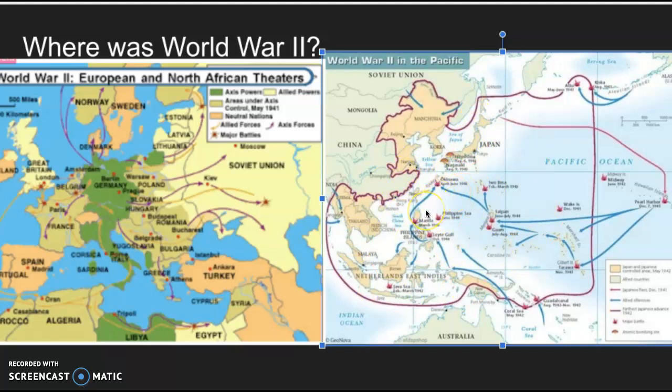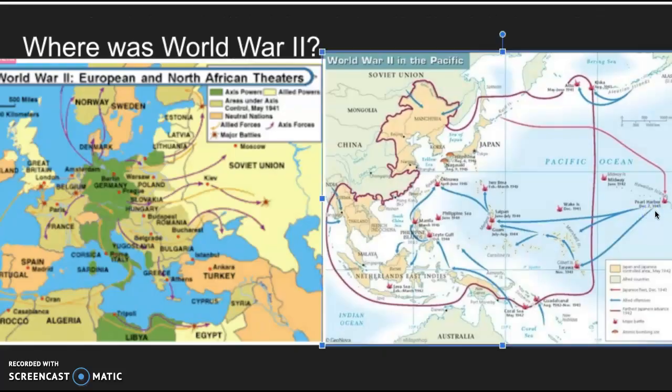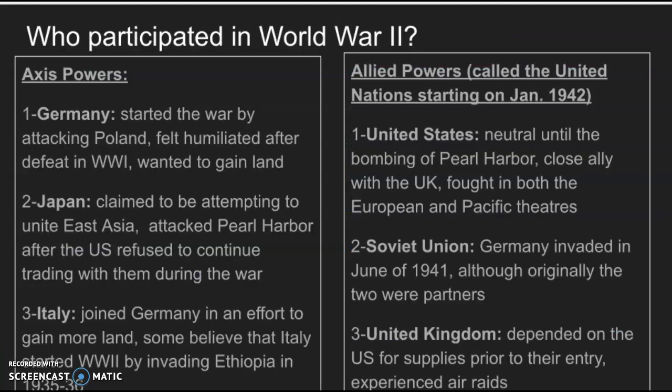And that's where the United States was doing a lot of its fighting. Remember that Hawaii's right over here. Because it's not a flat map like we usually see, it's a globe, it's round. So the Axis powers, the people we were fighting against, were Germany, who started the war by attacking Poland.